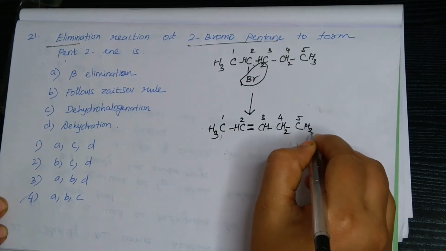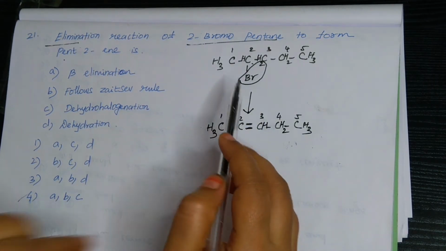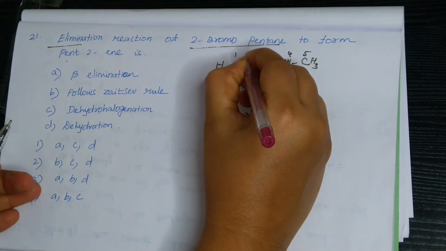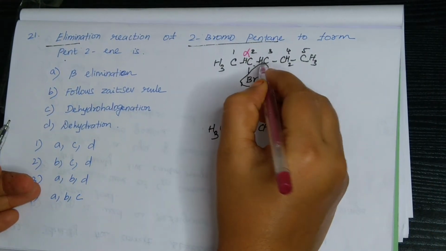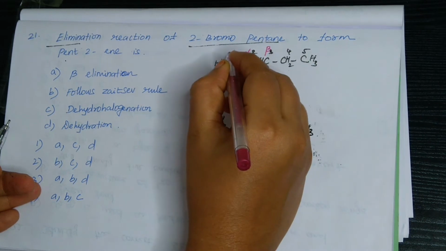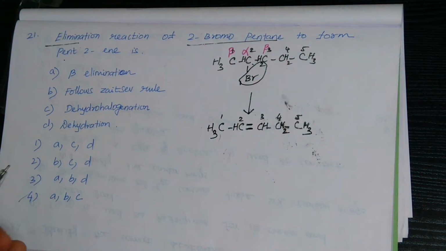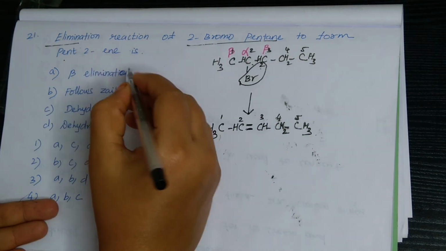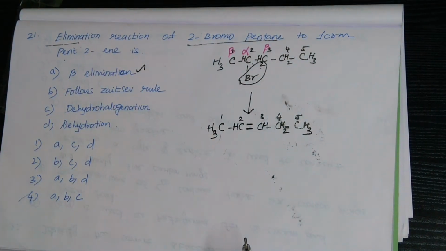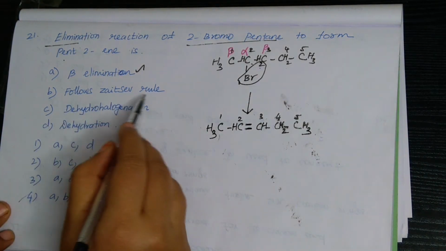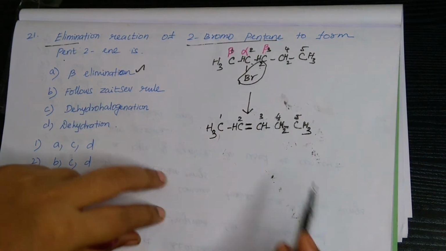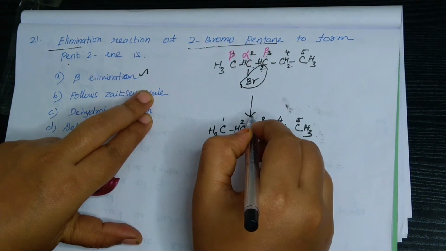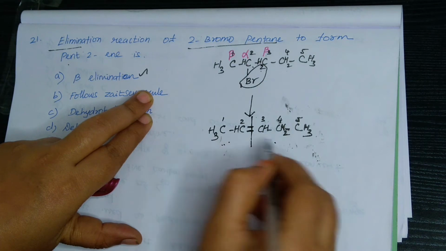CH2, CH3. See here, the carbon where Br is attached is the alpha carbon, and the carbons next to it are beta carbons. So H is eliminated from the beta carbon. So beta elimination is correct. Next, it follows the Zaitsev rule. What does this rule mean? When elimination takes place, there should be more carbon on the two sides of the double bond.